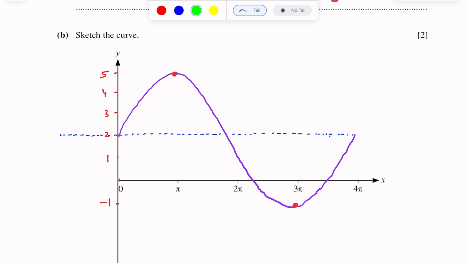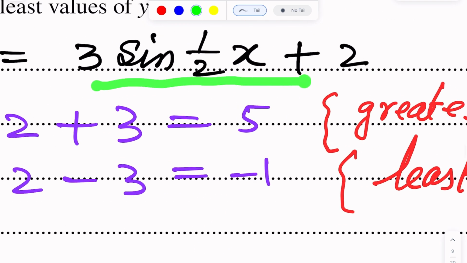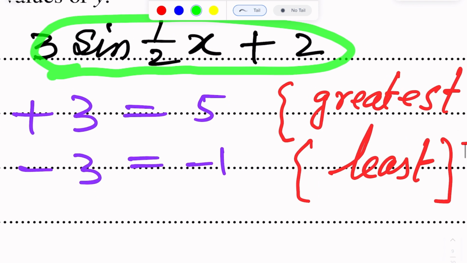This means that only one cycle of the sine wave will be here. So we have drawn the graph from 0 to 4 pi because the period of this graph is 4 pi. This is the graph of the given function 3 sine 1 over 2x plus 2.